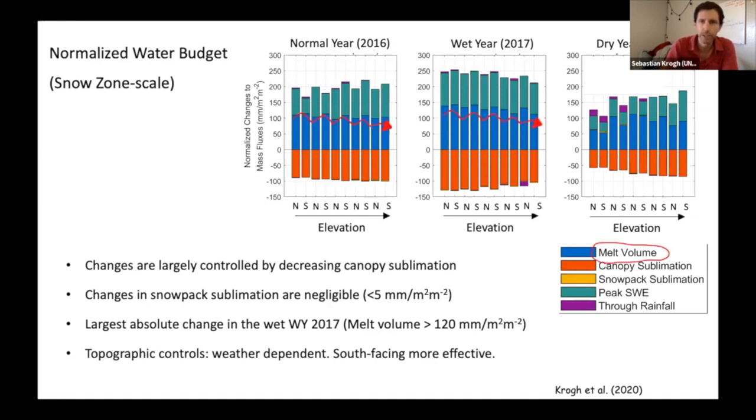And you can also see, if we look, for example, at melt volume, which is typically what we care most about, that overall there is this trend that the higher you go, somewhat the lower this normalized change is. So we can see that there are some topographic controls, but there is some weather dependency as well.